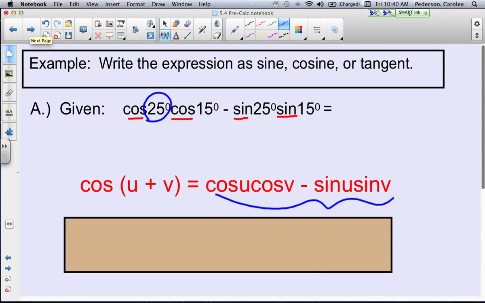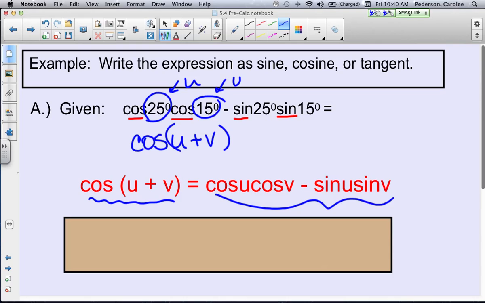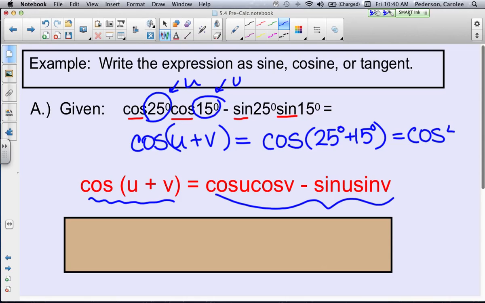This is my u, and this is my v. So to go backwards from this right-hand side equation, to simplify it, it is the cosine of u plus v, which is 25 degrees plus 15 degrees, which is the cosine of 40 degrees. We just add those two angles together.